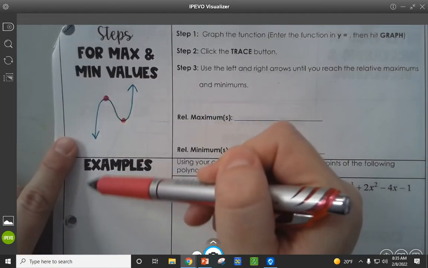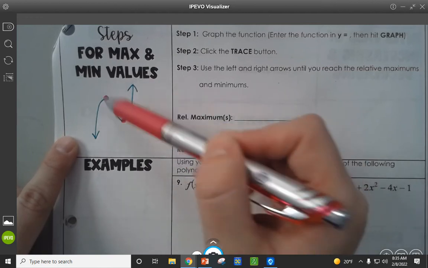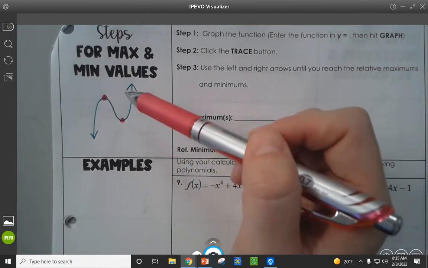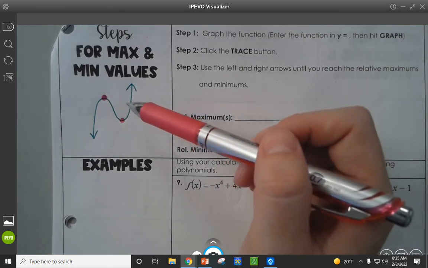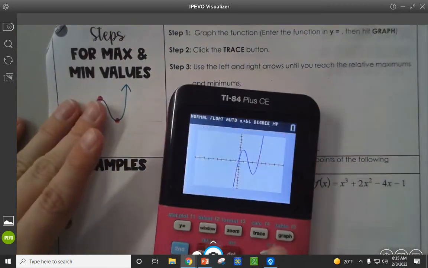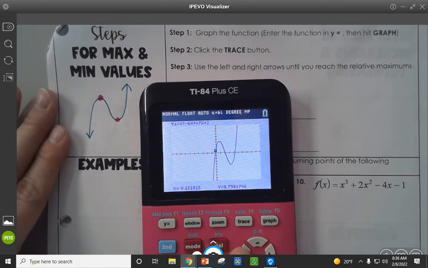Same for the lowest point. But these that are at the tops of the hills and valleys, we call relative max and mins. And I'll probably get to where I'm not using the word relative. I'll just say the max, the min, and you know that's what I'm talking about. So on your calculator, click the trace button, and that lets you trace along the graph.